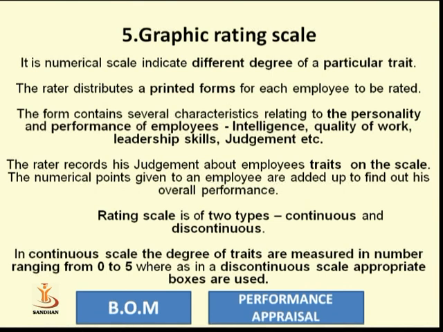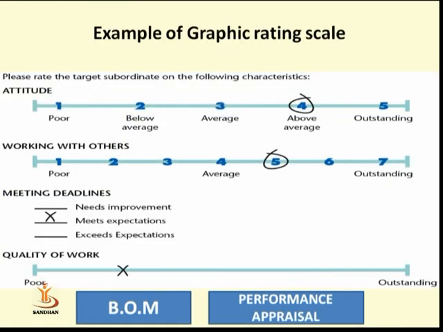Rating scale is of two types, continuous and discontinuous, that we will see in the next slide with the help of a pictorial view. In a continuous scale, the degree of traits is measured in numbers ranging from 0 to 5, whereas in a discontinuous scale, appropriate boxes or a tick mark option are used.